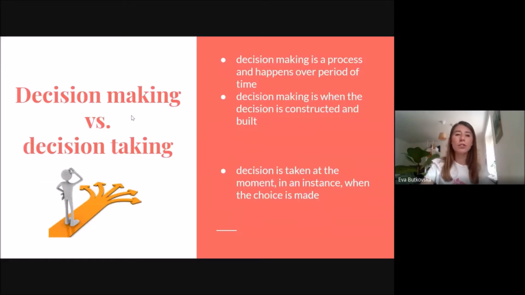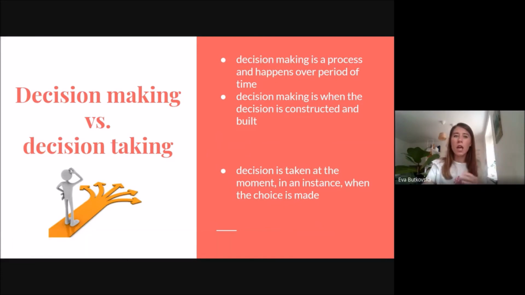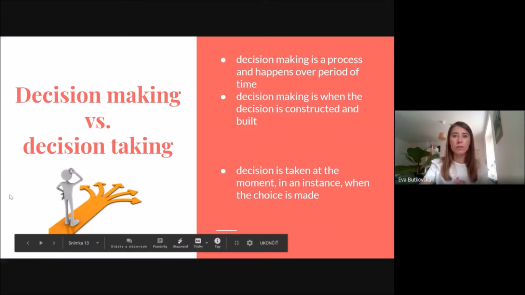Now, think about the difference between decision making and decision taking. If you think about it, decision making is the process, and it happens over a period of time. Decision making is when a decision is made or constructed or built. You think about a decision and you make a decision.